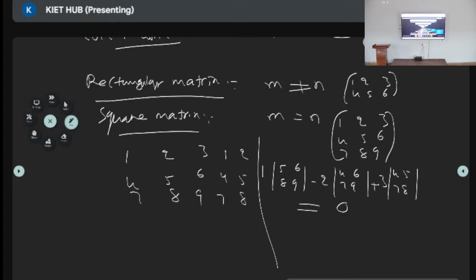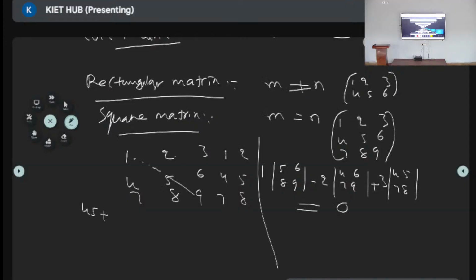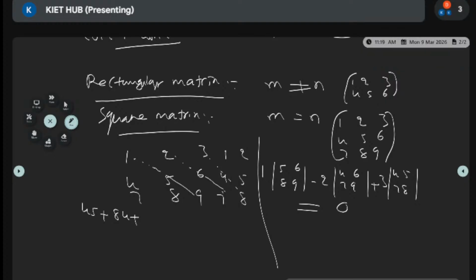For these diagonals, multiply: 1, 5, 9 multiply is 45, plus these diagonals multiply 8, 4, and these diagonals multiply 9, 6. Correct? 96.